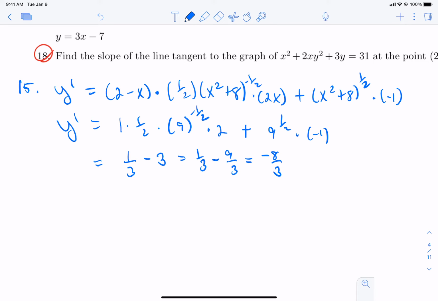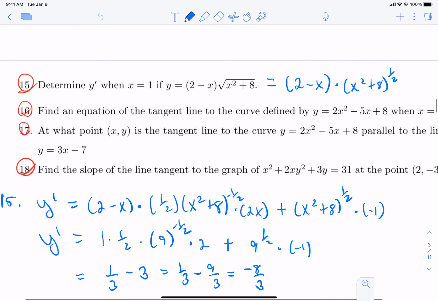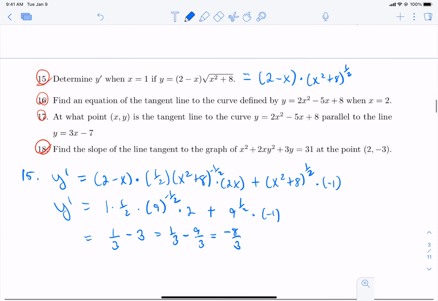So there is number 15. Any questions about 15? If you didn't know the product rule, if you didn't know the chain rule, that might be something you want to write down. Okay, make sure you understand how to use that.